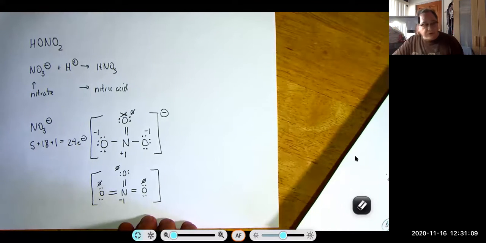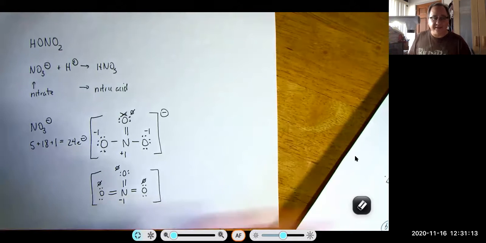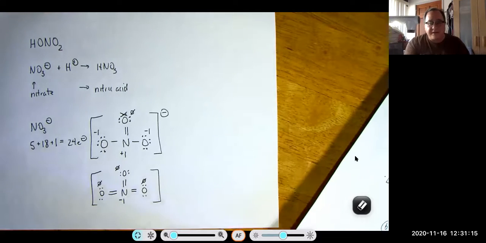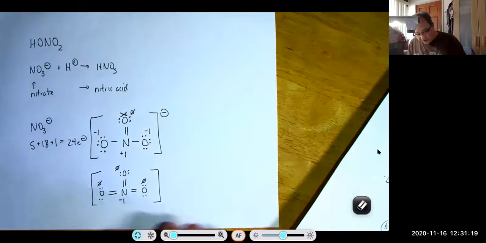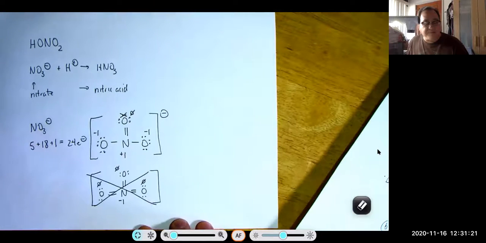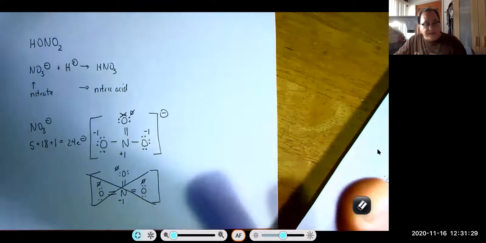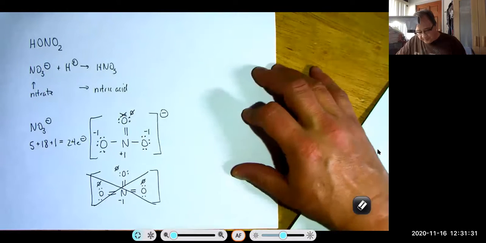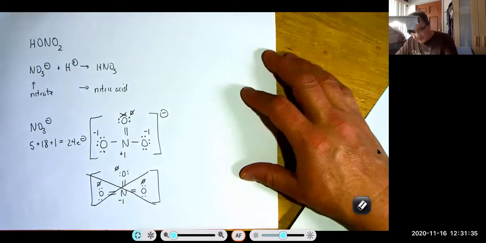And the reason we don't do this is because nitrogen can only make 4 bonds, and that's it. Anything in period 2 can make a maximum of 4 bonds. So this is no good. You need to be in period 3 or 4 or 5 or bigger to be able to make 6 bonds. So this is not possible for this guy. The maximum we can get are 4 bonds. So this is what we have to live with for this particular structure.